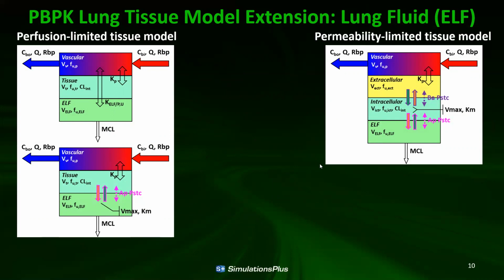For a permeability-limited tissue, it can be by that slow diffusion or carrier-mediated transport. So it depends on the tissue type and the settings as to how the compound would partition into the ELF.